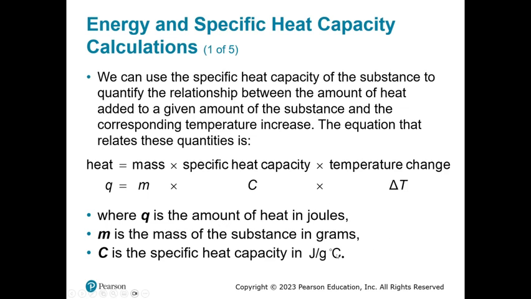So, joules, grams, temperature is in either degrees Celsius or Kelvin. So our specific heat capacity has to have all of the opposite units. So heat capacity is being multiplied by mass and temperature, and it's set equal to joules. So at the end of the day, mass times specific heat times temperature just gives us joules. This is essentially a unit conversion placeholder.